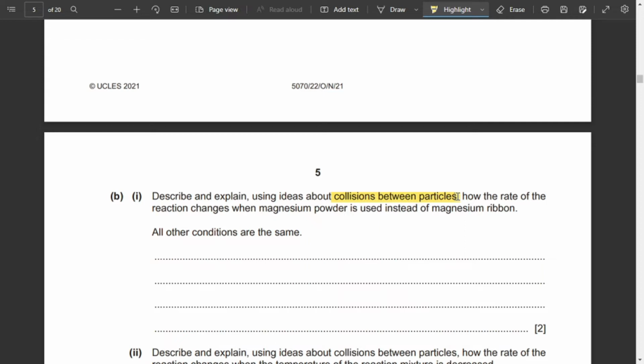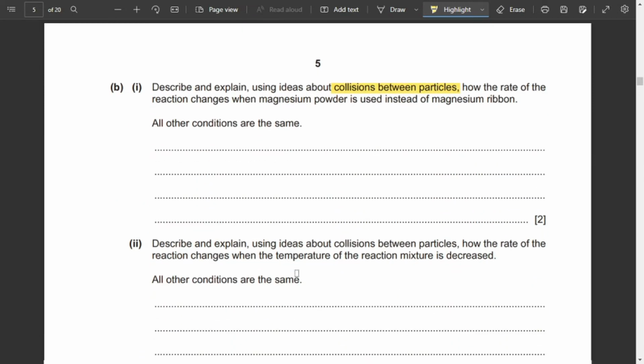You can frame an answer this way. The only focus over here is that magnesium powder is used instead of magnesium ribbon. Magnesium powder increases the surface area since it's in powdered form. That is how you're supposed to answer this question.